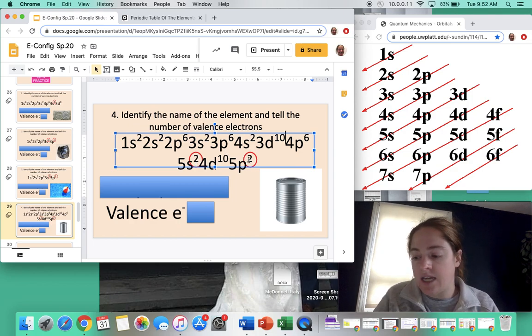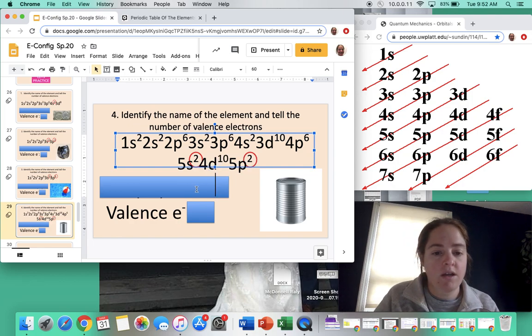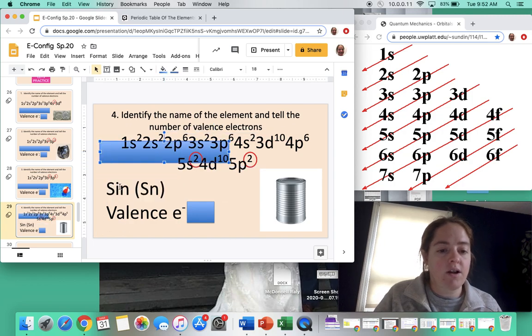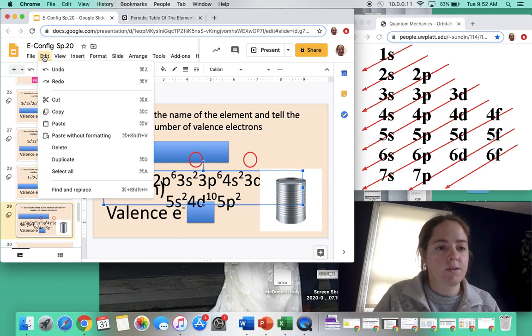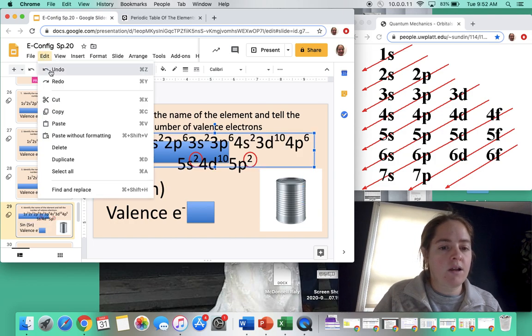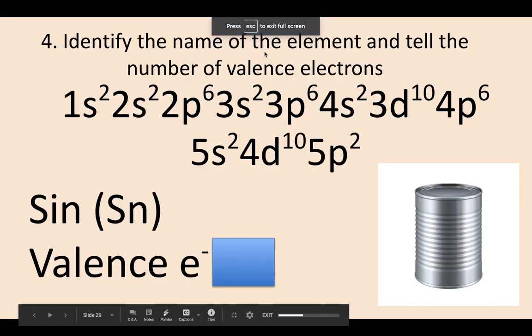Element number 50 is tin. Very good. So I'm going to change the answer under here. We have tin right there, which is perfect. So we knew that it was tin.